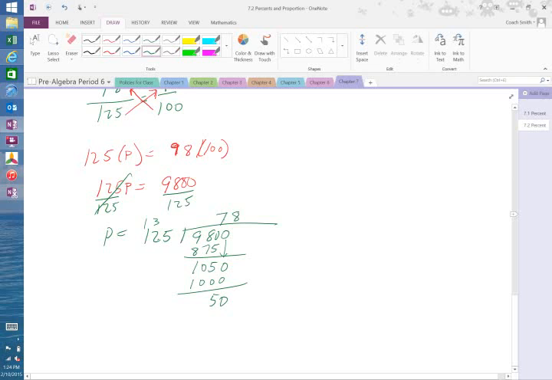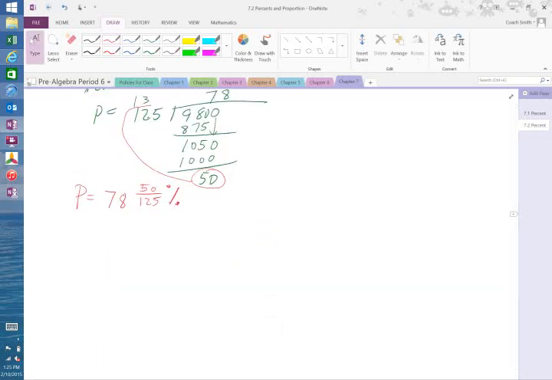Let me look at the answers here. Yeah, they're going to want it in mixed number form. So I take the 50 and put it over 125. That gives me my percent is 78 and 50 over 125 percent. Now, can I reduce 50 over 125?